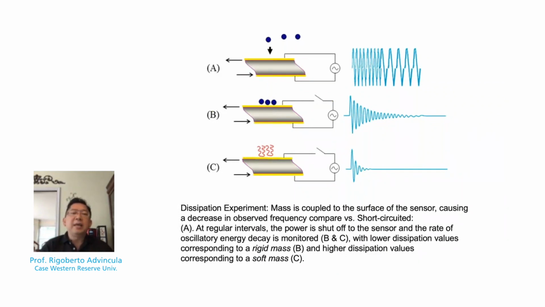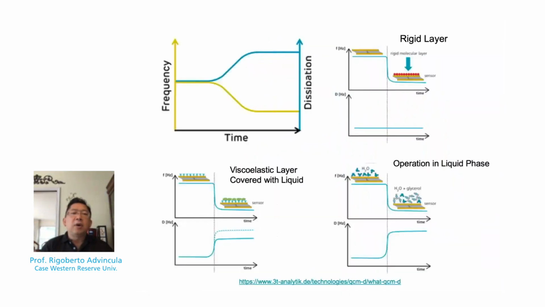Now, another way to represent it is by monitoring the dissipation over time, or if you look at the frequency, which represents a decrease in frequency with mass loading, the dissipation properties vary. So if you have a rigid film that is deposited on a surface, the dissipation is not easily observed, especially in a dry condition or in a vacuum or air media.